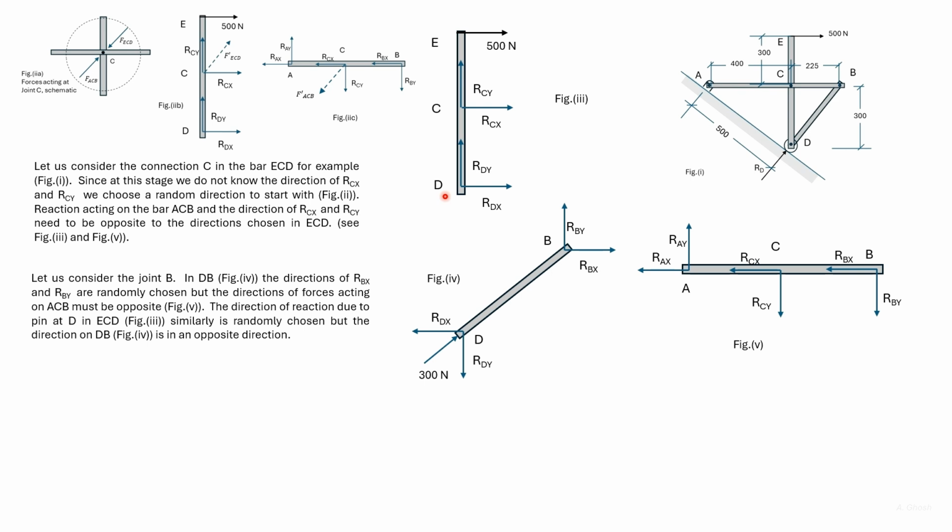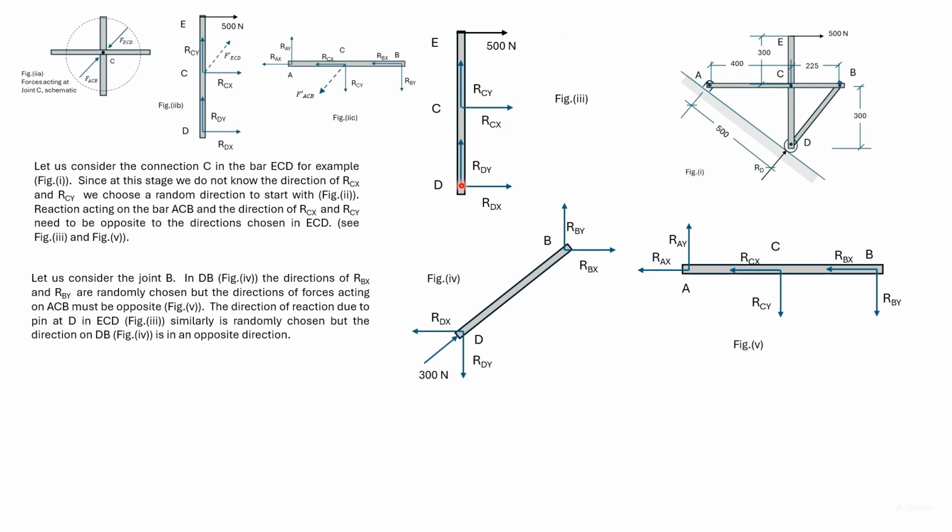Considering moment about the point P, we see that RCx into this distance plus 500 into this distance is equal to 0, from which we can get RCx. Considering moment about the point C, we see that 500 into this distance is equal to RTX into this distance, from which we'll get RTX.